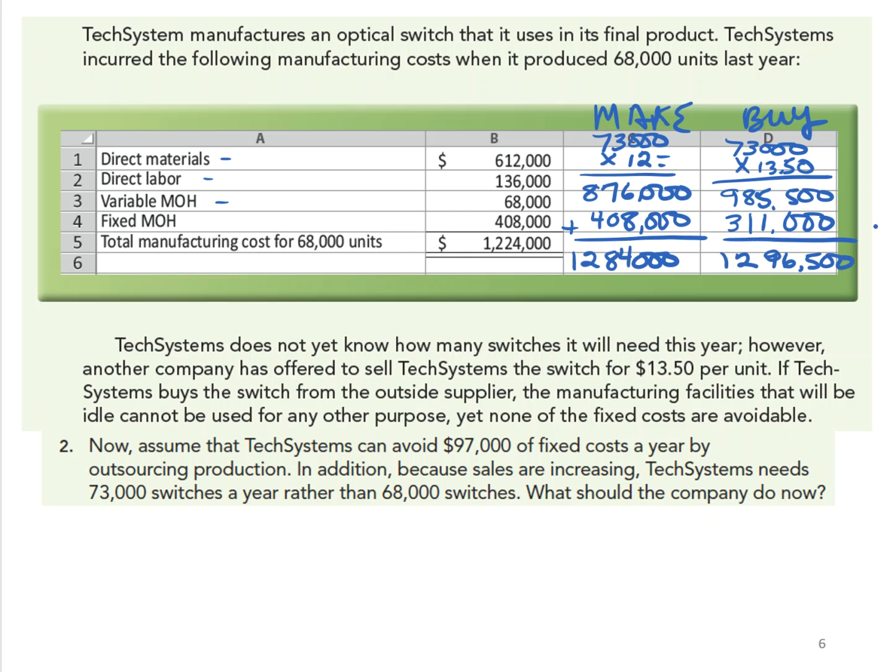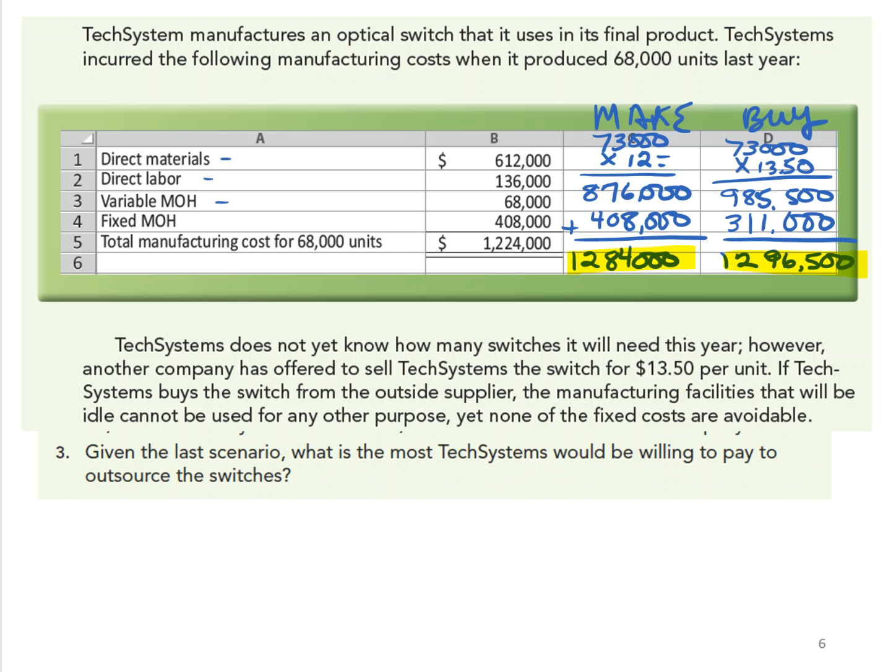Okay, so if this is the scenario, then it looks like we are still better to manufacture in-house rather than to outsource the switches. And the reason is because this $1,284,000 is less than the $1,296,500. So even though we're going to save some fixed cost, it's not enough to offset the more expensive purchase price.